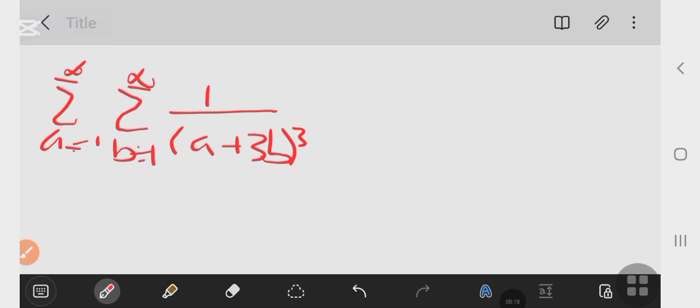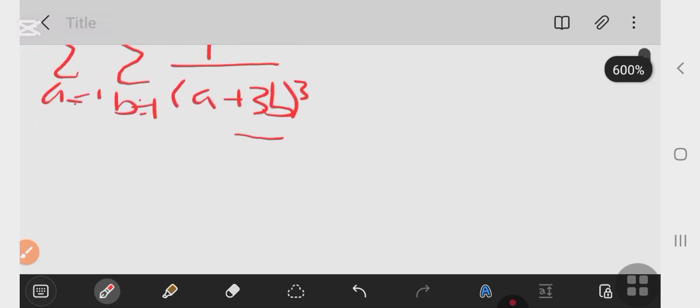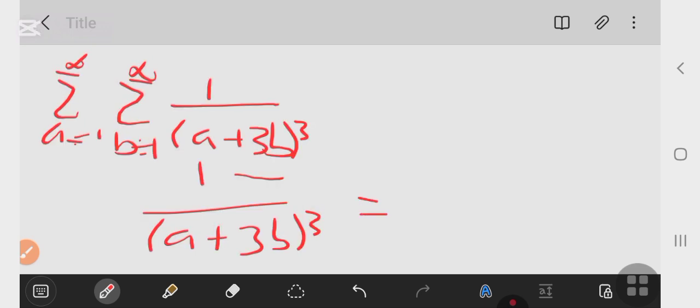Alright, from here, let me do something crazy. 1 over a plus 3b to the power of 3. What if I factorize the 3 here?